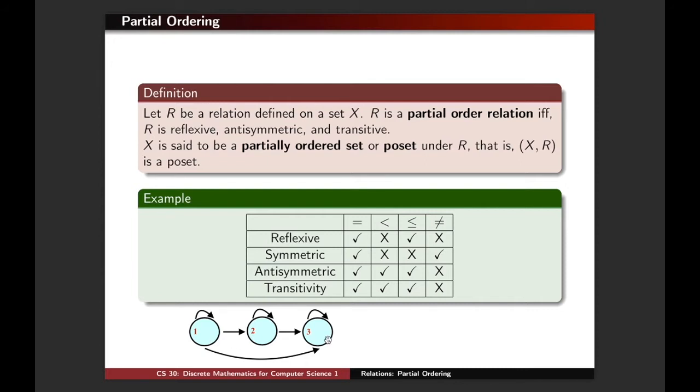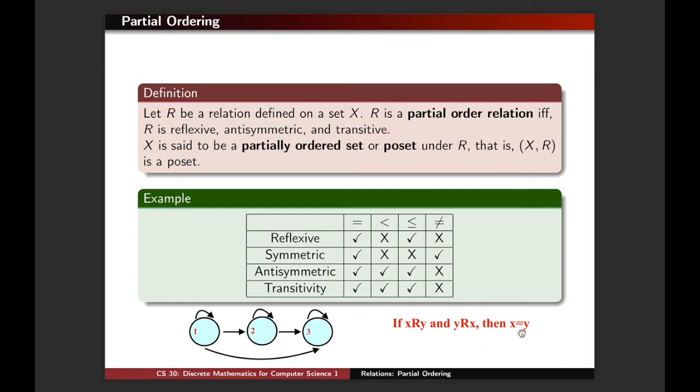And why do we say that it's antisymmetric? So recall the requirement for antisymmetry is if X relates to Y and Y relates to X, then X equals Y, right? So what is the contrapositive of this?